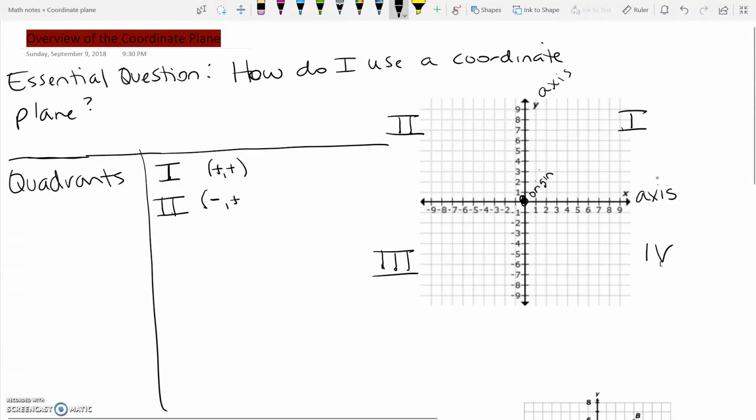Quadrant 3 is negatives and negatives, negative x, negative y. Quadrant 4 is positive x, negative y. Okay, so that's how you identify the quadrants.